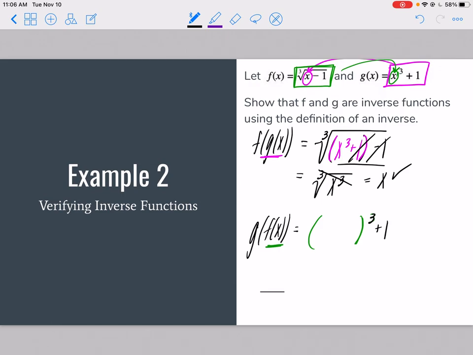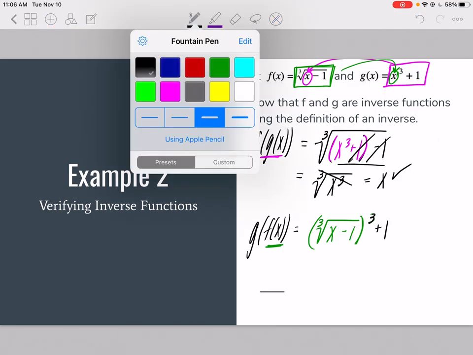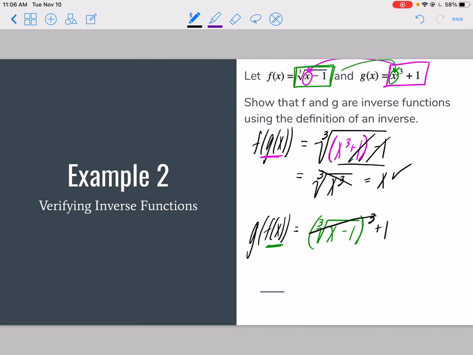Okay, and then we're going to plug in function f of x here, so we get the cube root of x minus 1. And then we simplify. So if you look, the cube root is going to undo this cubing, and then we're left with x minus 1 plus 1. Minus 1 plus 1 gives us 0, and so we are also left with x here. So they are therefore inverses.